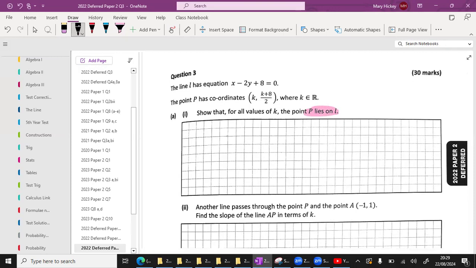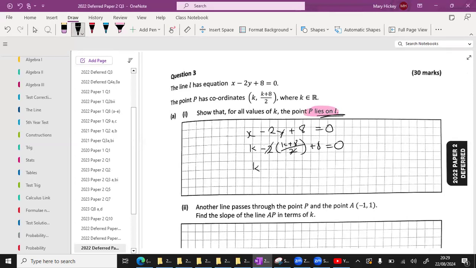So in other words, if I take the line that I've been given and I put P into that line, so k is going to go in the x position and then the (k plus 8) over 2 is going to go in the y position, it should make sense if indeed it is on the line, which we are very specifically told. Now, the 2's are going to cancel, so that makes it a bit easier for us.